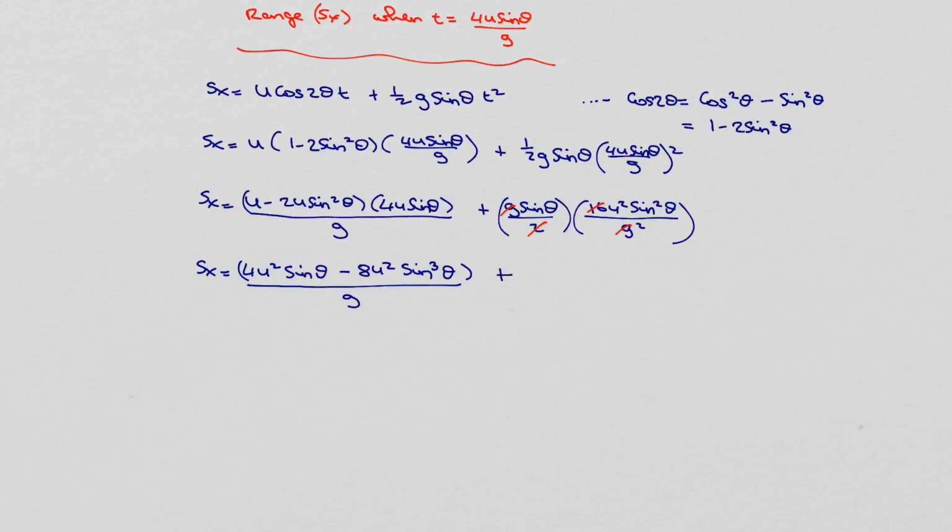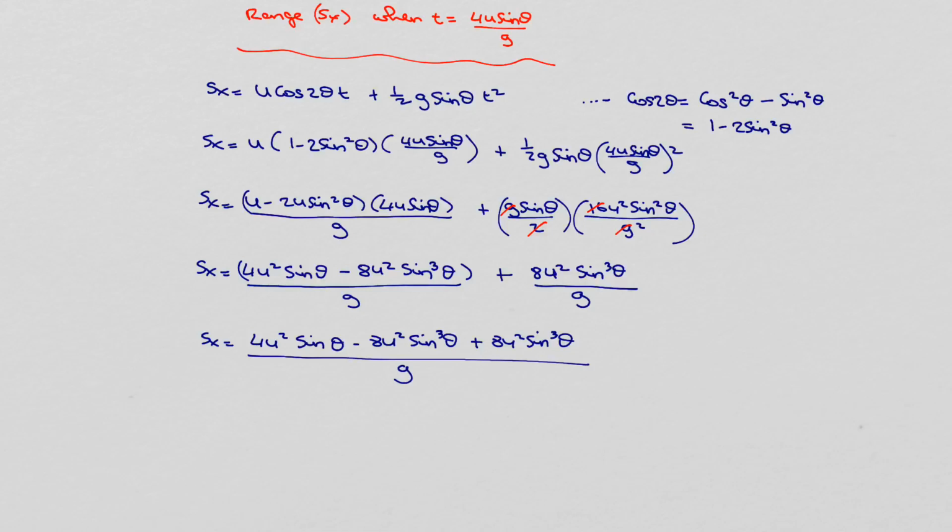And then I have 2 goes into 16 8 times, so that's 8u squared, and sine theta by sine squared theta is sine cubed theta, and that is all over g. Okay, and now I can see I have a lowest common denominator is g, so I can add everything on the top line there. So 4u squared sine theta minus 8u squared sine cubed theta plus 8u squared sine cubed theta. Look at this. This is great.